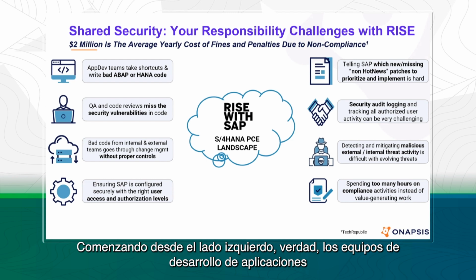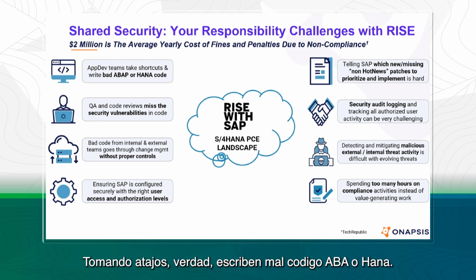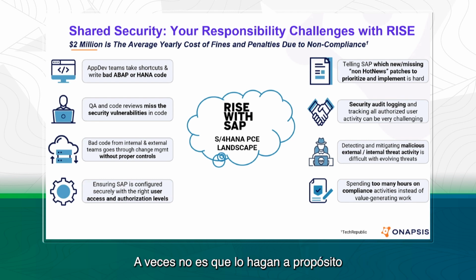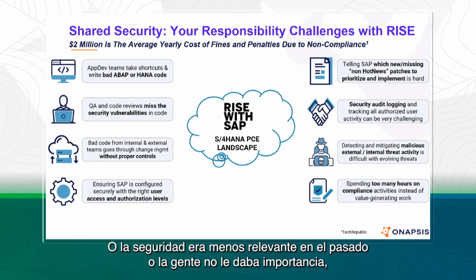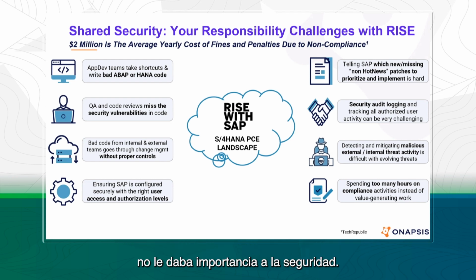Application development teams take shortcuts and write bad ABAP or HANA code. Sometimes it's not that they are doing that on purpose. It's because the skills that they have been using were not focused on security, or security was less relevant in the past, or people were not taking security seriously when writing the ABAP code.